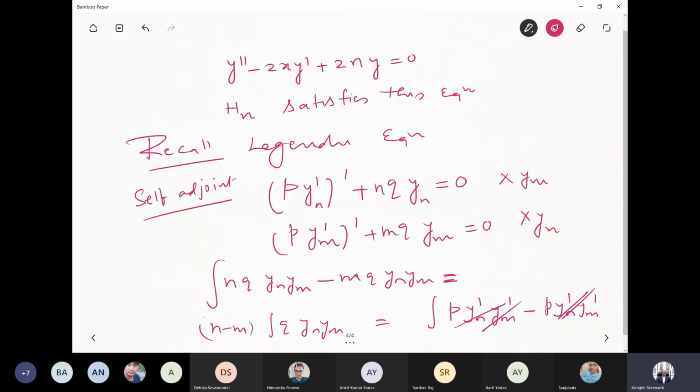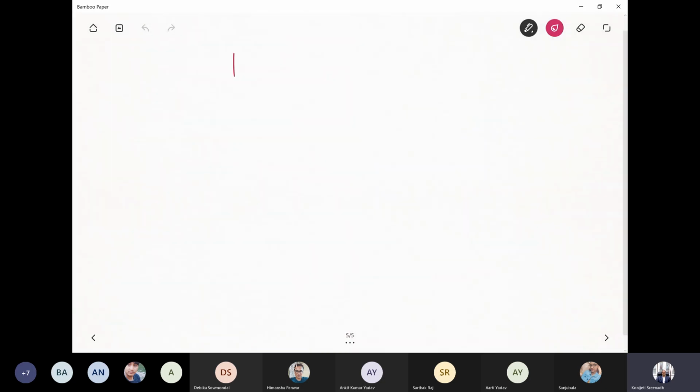Since m is not equal to n, this is non-zero. Therefore, somehow you show that the right hand side is going to be 0. Apart from these two terms, there is one more term that you get, that is the boundary terms. The boundary terms are p yn prime ym.